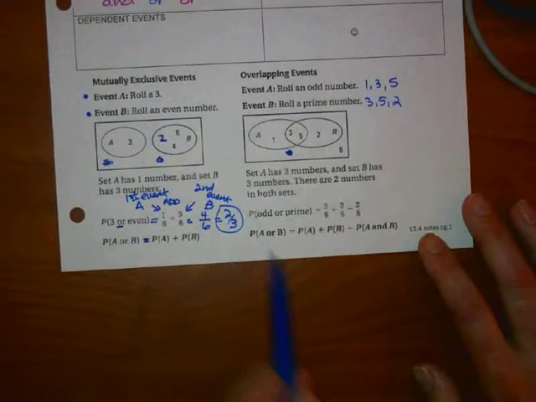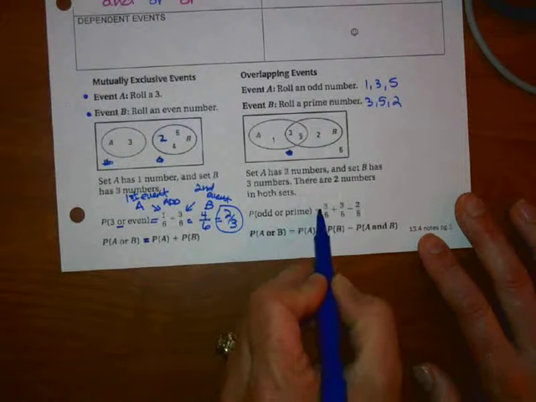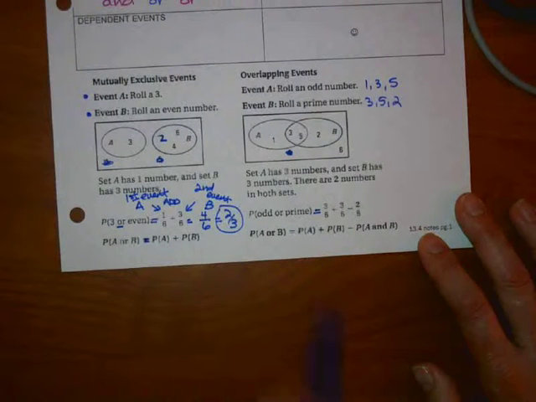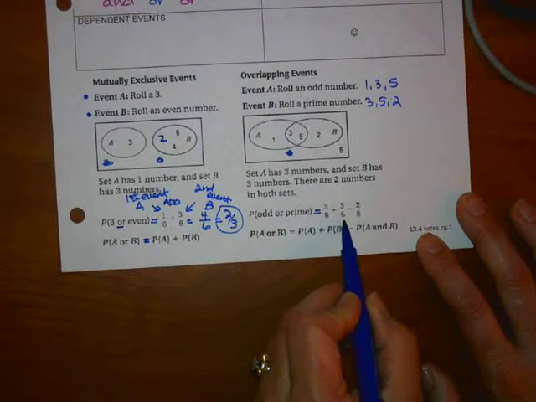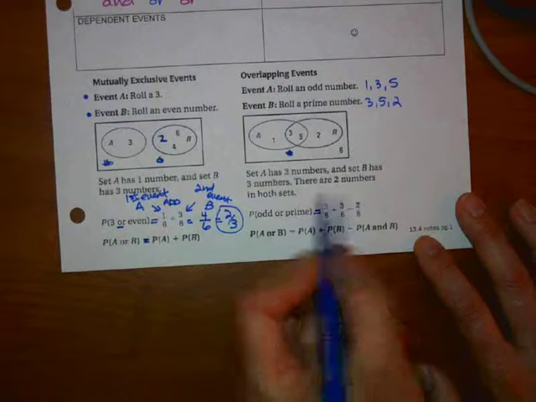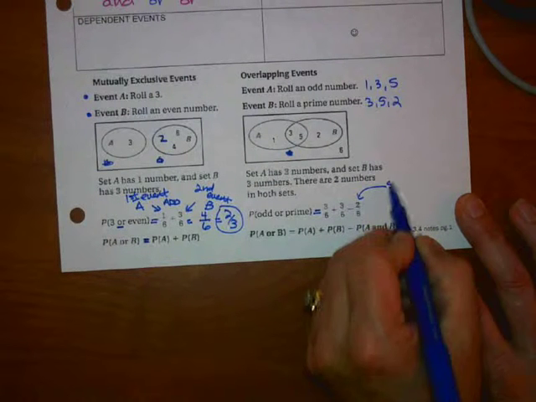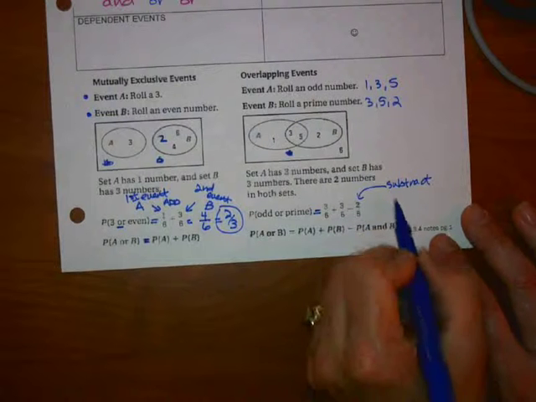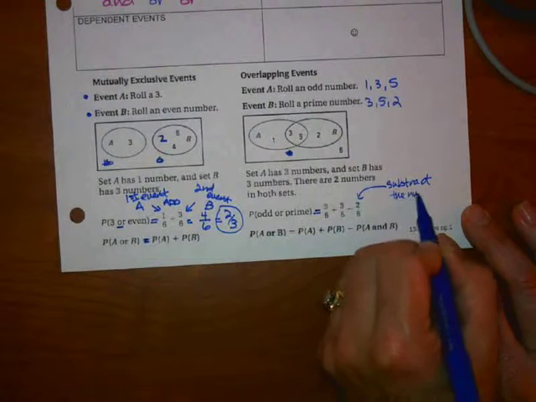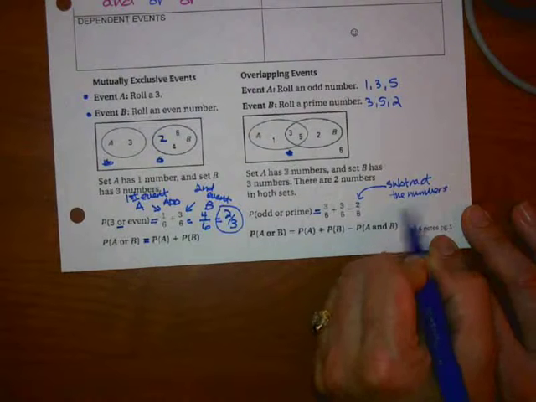So here's what you do. The probability of getting an odd or a prime, this is an equal sign, is still the probability of the first event, which is 3 out of 6, plus the probability of the second event, but you have to subtract the numbers that overlap.